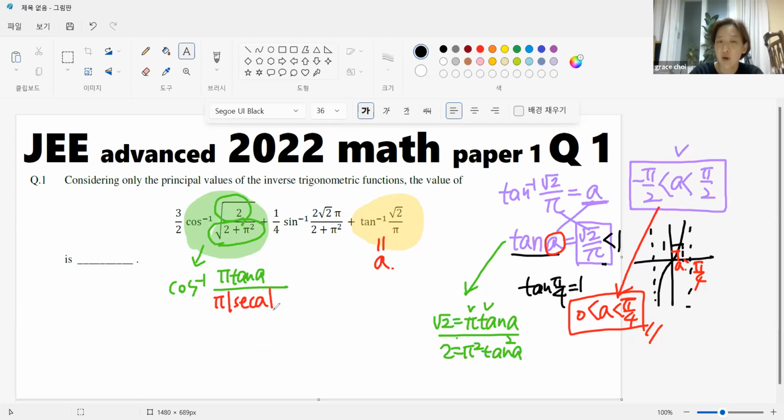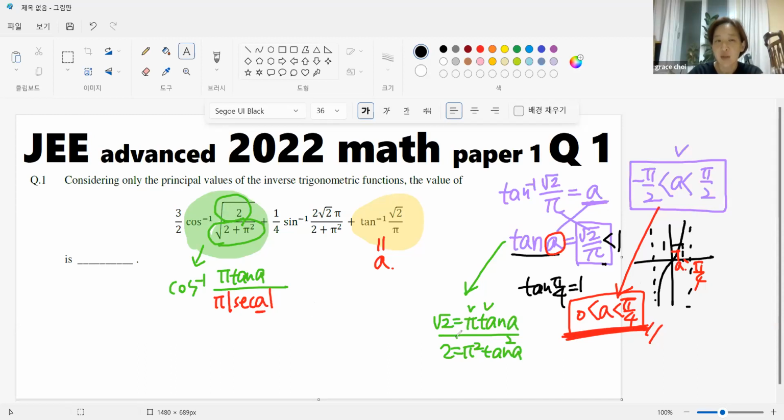So now, is it positive or negative? We have the A interval, A between 0 and pi over 4. A is an acute angle, for sure.